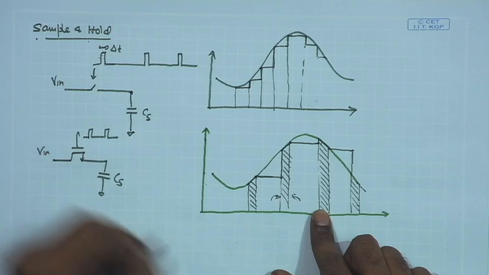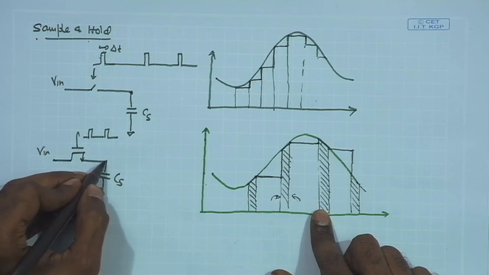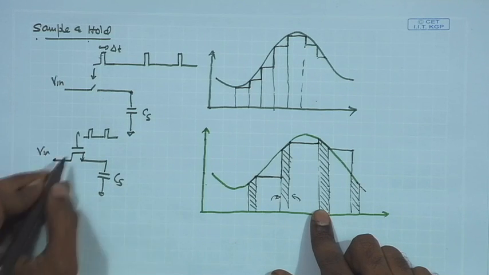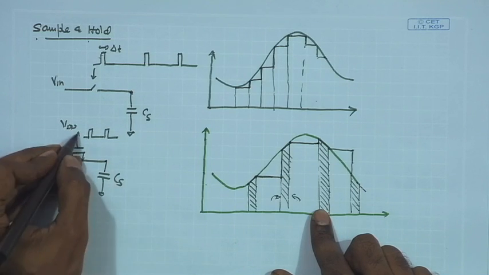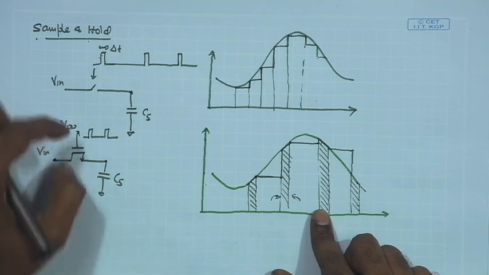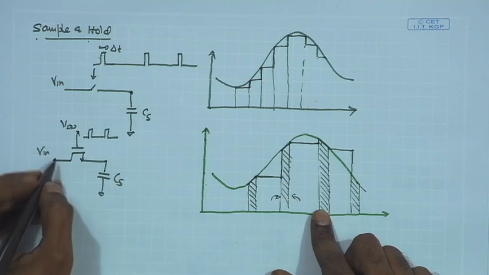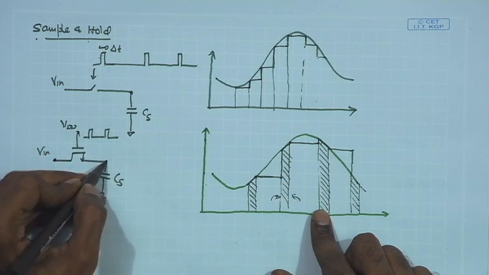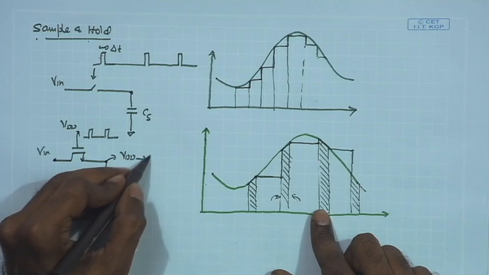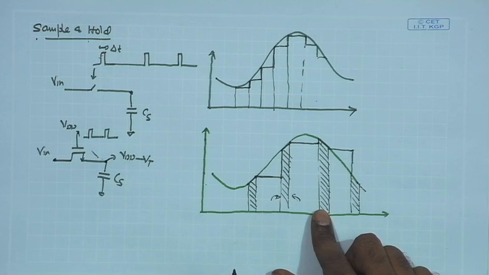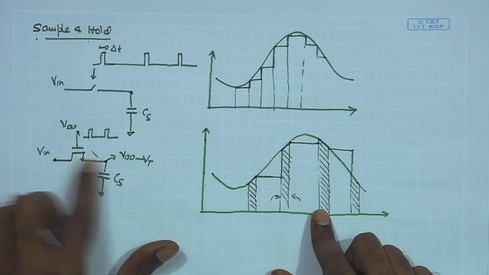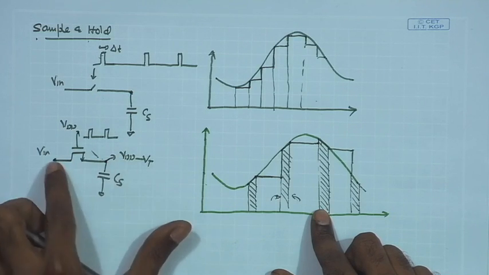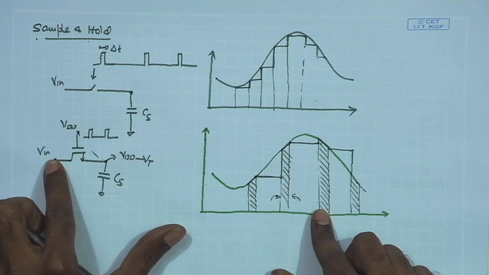We know that for the NMOS, however, the maximum input voltage that you can sample is going to be equal to VDD minus Vt if the gate voltage, the clock voltage is having amplitude of Vdd, because the moment input signal reaches Vdd minus Vt, the Vgs drops to below Vt, and as a result the current in the switch will drastically reduce, and hence it will not able to follow the input signal fast enough.